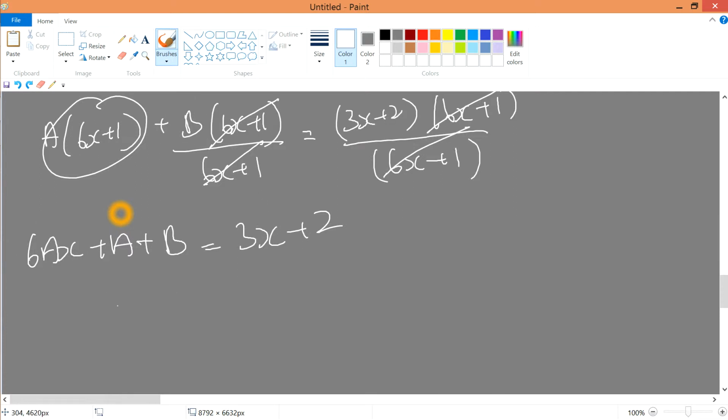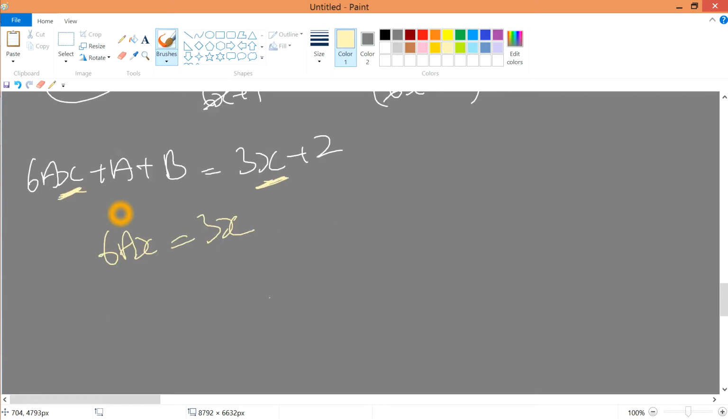Now we can group. We see the coefficient of x, and there's x over here, so 6ax equals 3x, and therefore 6a equals 3, and a equals half, because 3 over 6 is half.